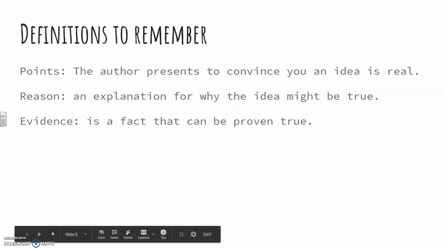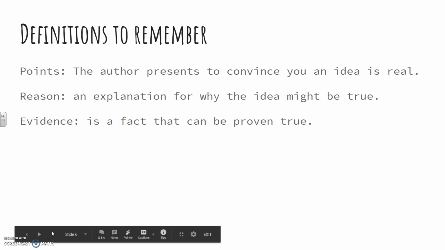Definitions to remember. You have points: the author presents these to convince you an idea is real. Reason: an explanation for why the idea might be true. And evidence: evidence is a fact that can be proven true. So I talked about reason and evidence in the beginning, and I said that those were the two words we're going to be looking at. Once we have the author's opinion, they're going to use reason.